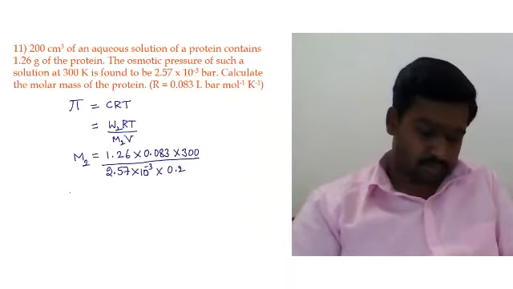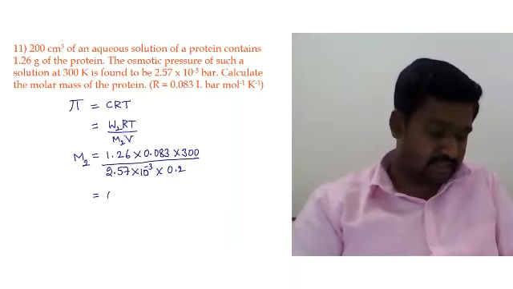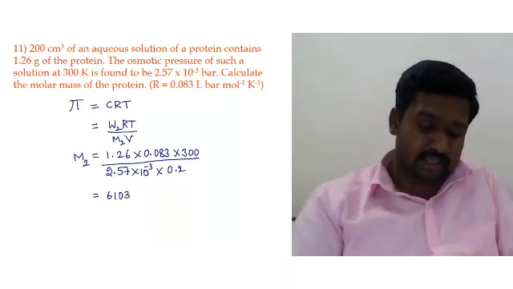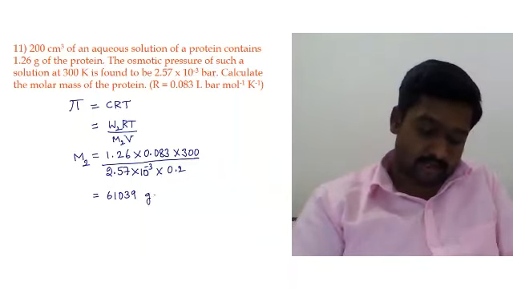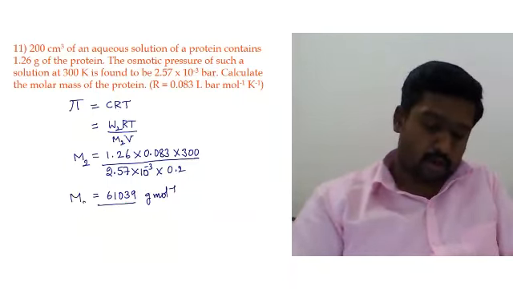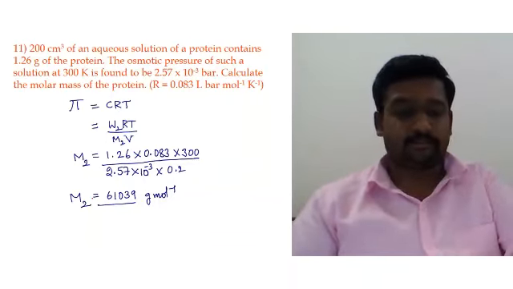So do all the calculations. Your final answer is going to be 61039, approximately 61040, with the unit gram per mole. That is the molecular mass of the protein. Have a look at it.